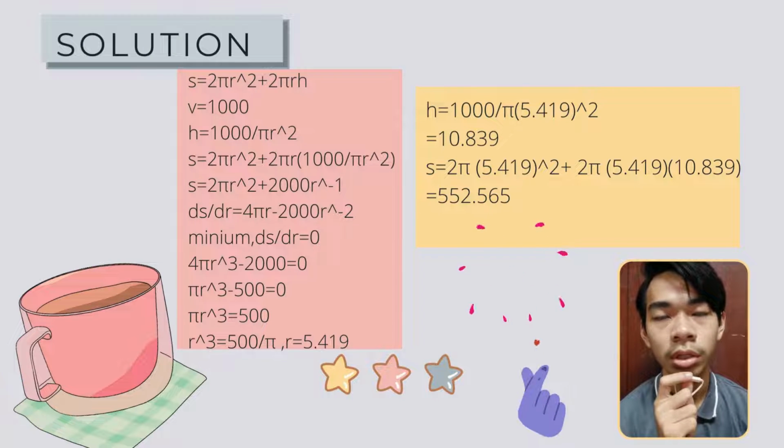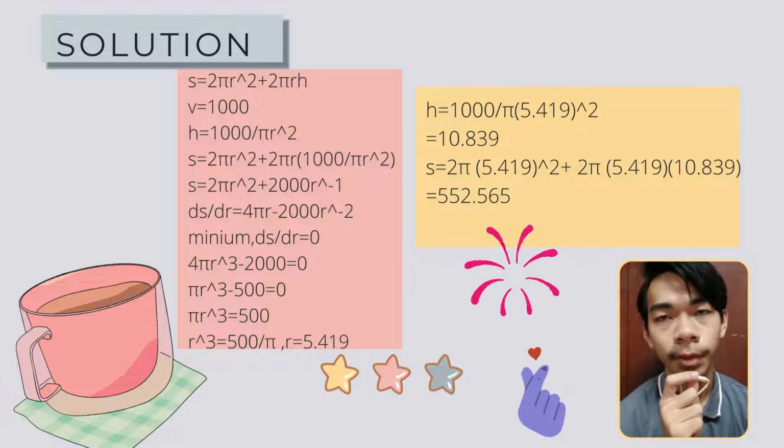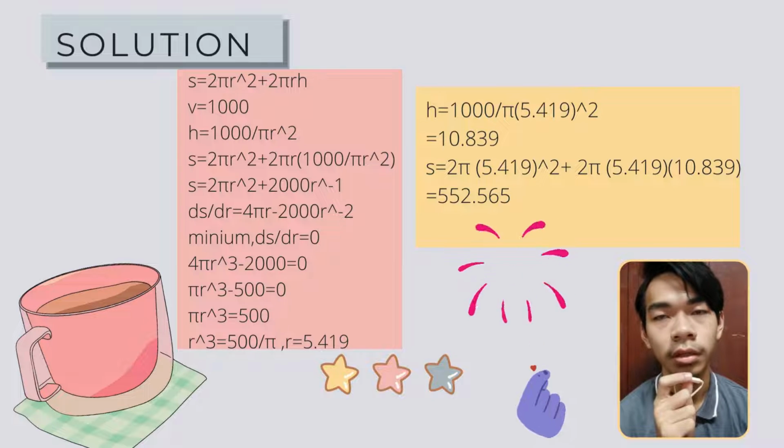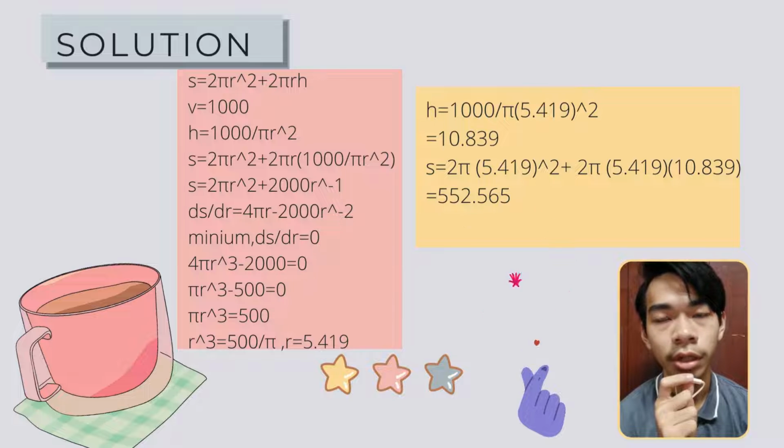So h equal to 1000 divided by pi multiplied by 5.419 squared, and we get 10.839.